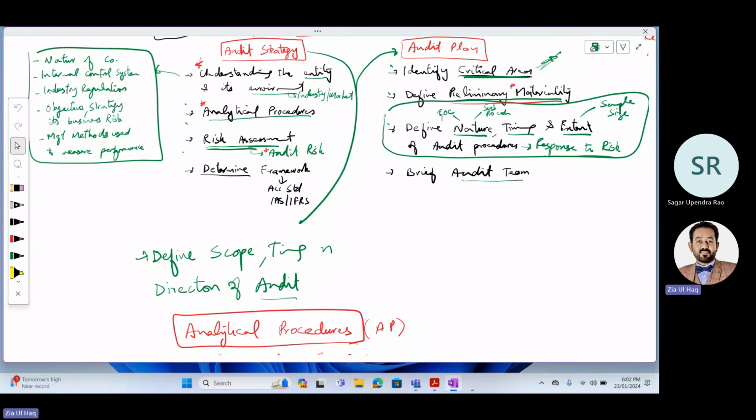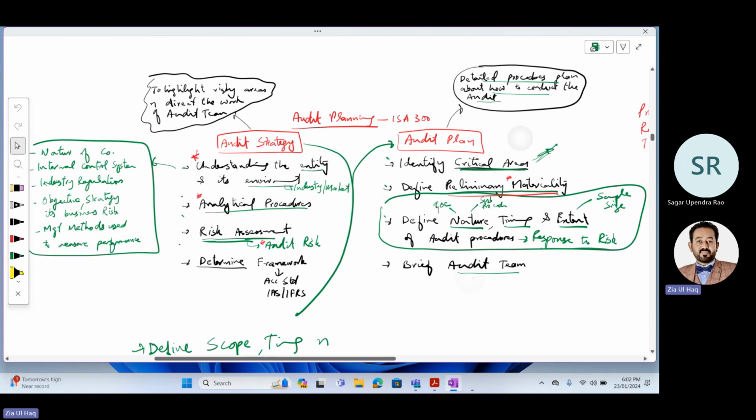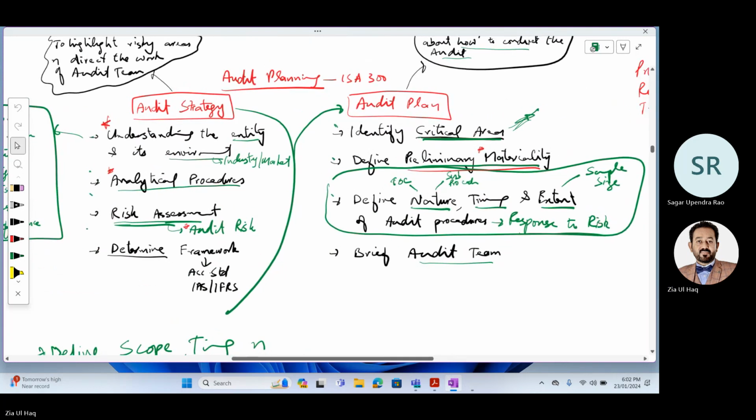In the previous lecture, we discussed audit planning. Under ISA 300, an auditor must perform audit planning before starting the audit work. There are two main activities of audit planning.